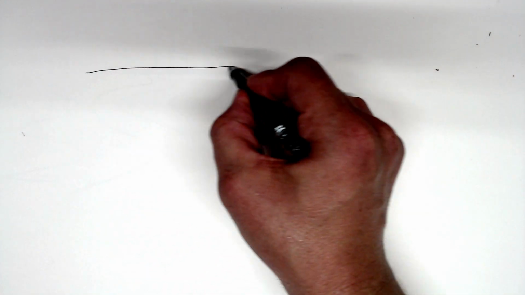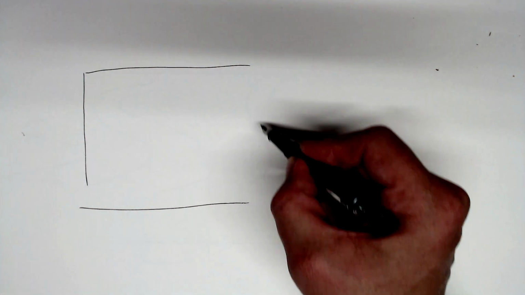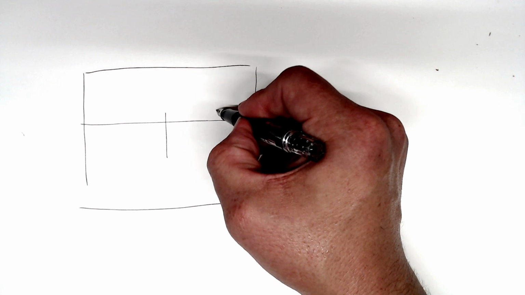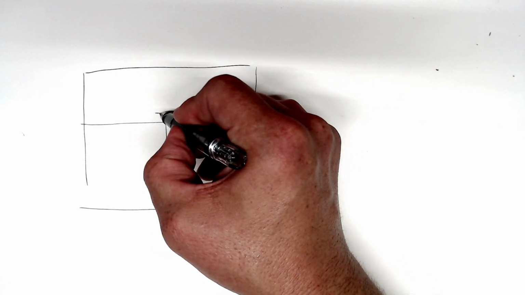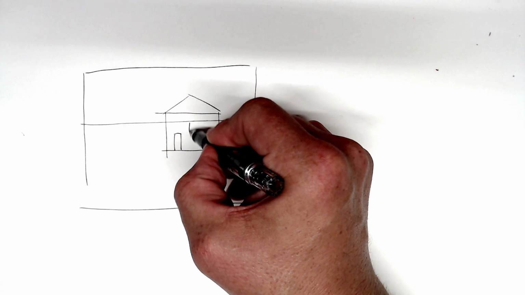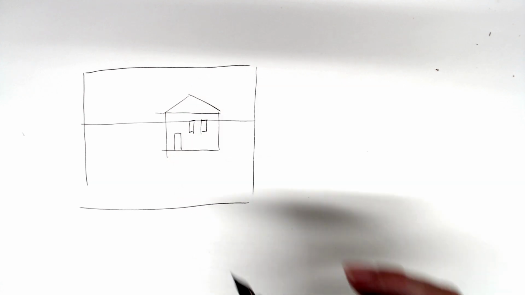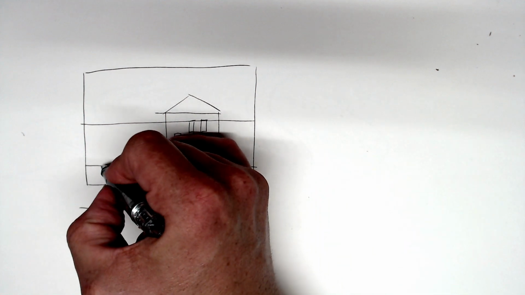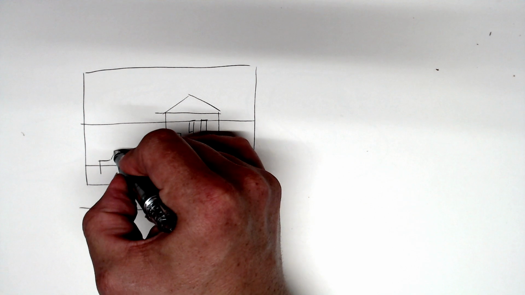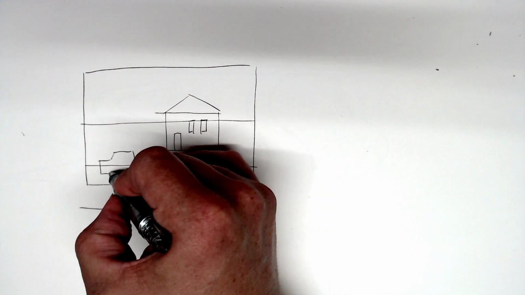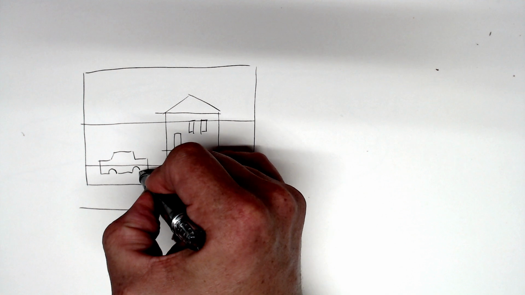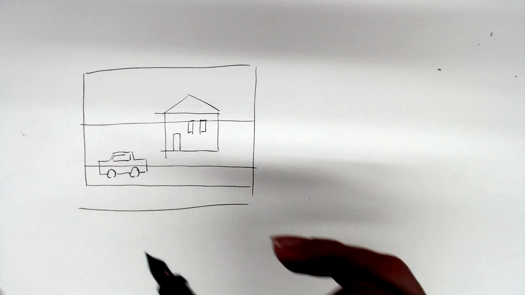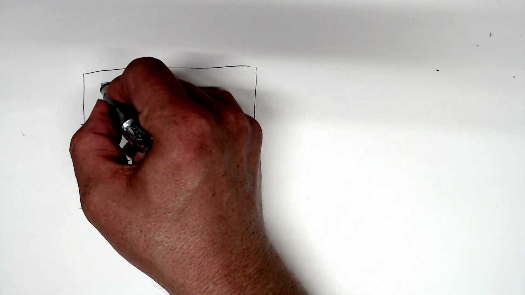Here is the first one, where I have a field, and on that field I have a house, a door, a window, and then in front of the house I have a road, and on that road I have a car. And then somewhere in the distance, a tree.